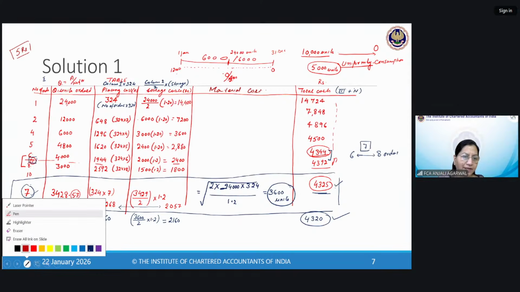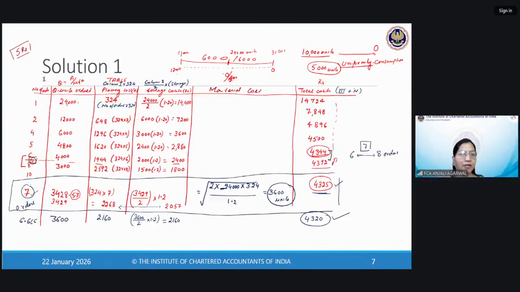The vendor says that if you buy the complete 24,000 units altogether, I'm going to give you a 10% discount. Then these 24,000 units in totality will not cost us at the rate of 5 rupees, they'll cost us 4.50. Why? 5 minus 10% discount.